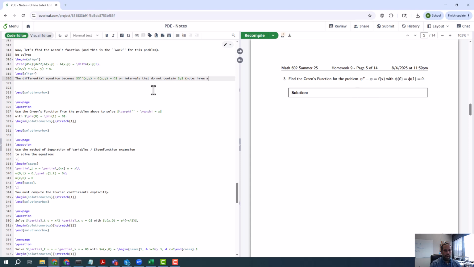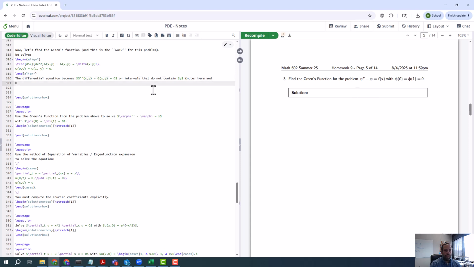Note here, and below, the primes mean differentiation with respect to x. I just don't want to write the fraction over and over again. So this becomes a differential equation. The general solution then is g of x, y.